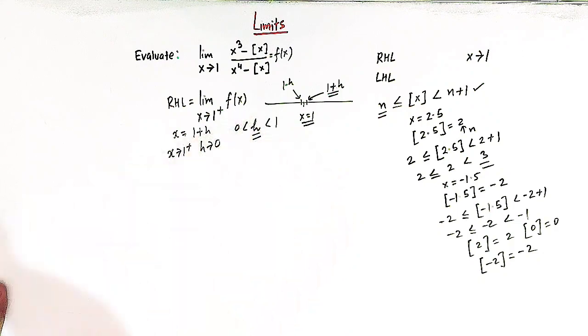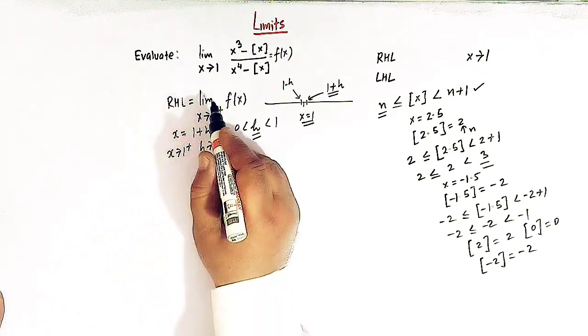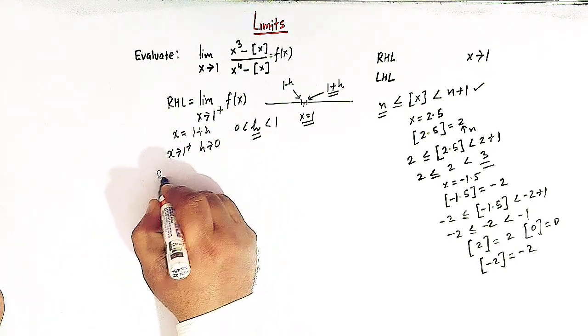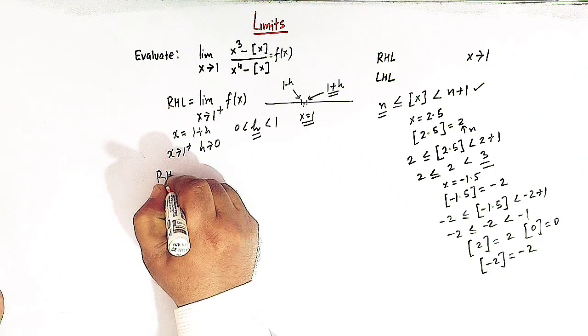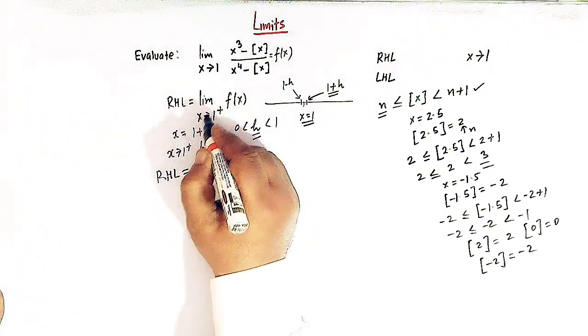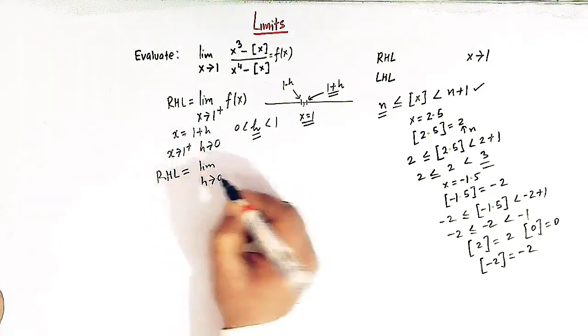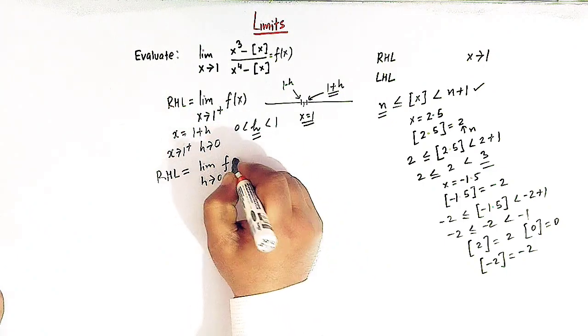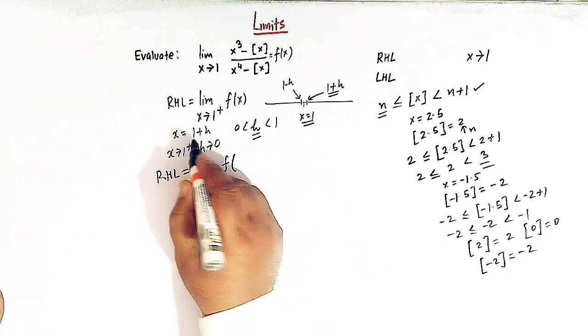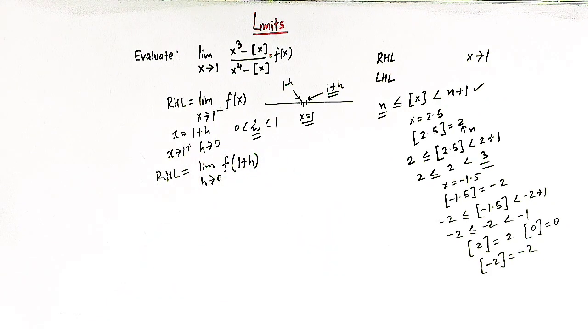So h is a very small quantity. Now writing this limit in terms of h, we have the right hand limit as limit h tends to 0 of f of x, where x is 1 plus h.